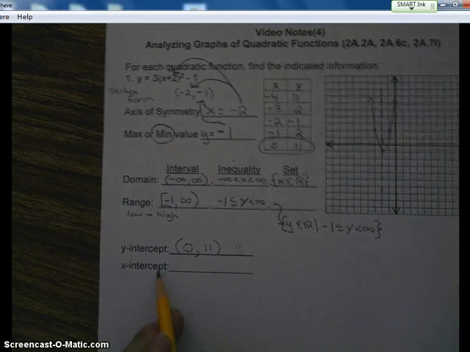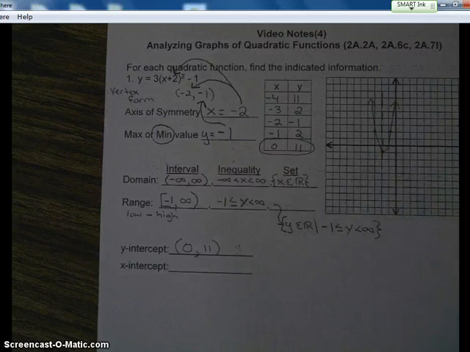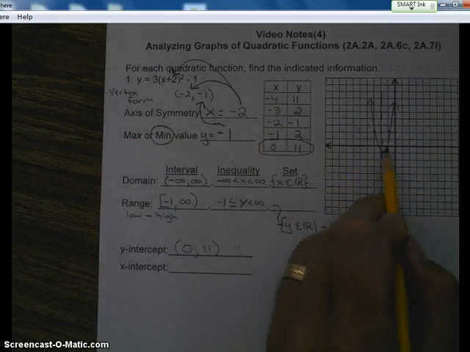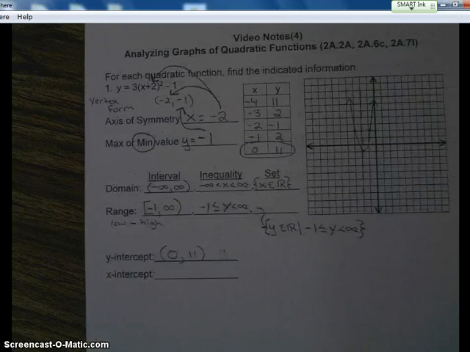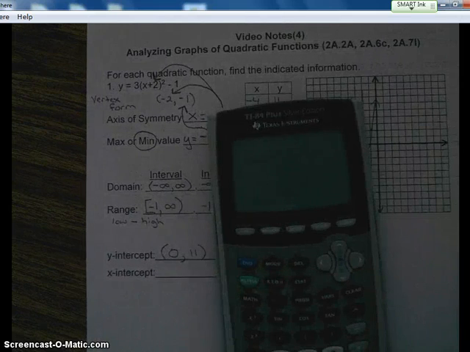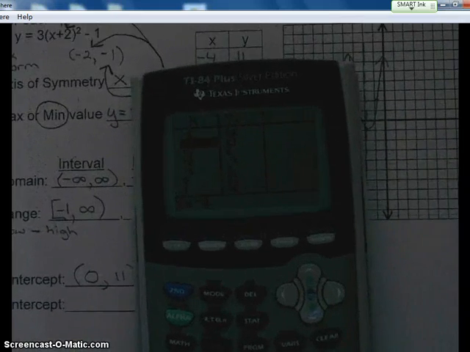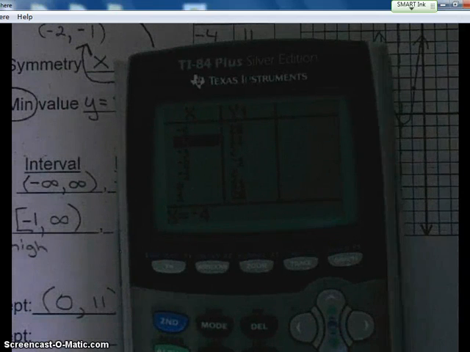X-intercepts, that's going to be where it crosses the x-axis. Well, not in our table. We could approximate them on our graph, but let's go ahead and use our calculator here to get our x-intercepts. Let me zoom in real quick.